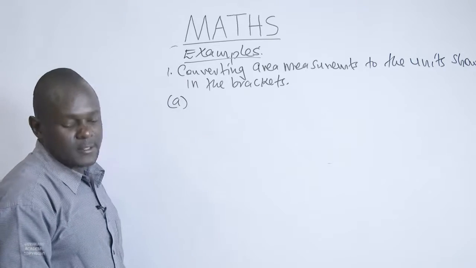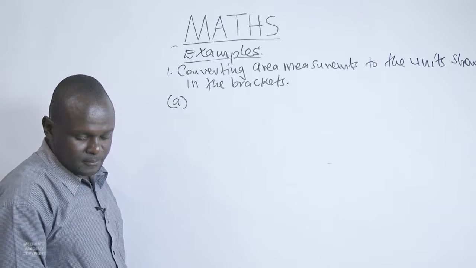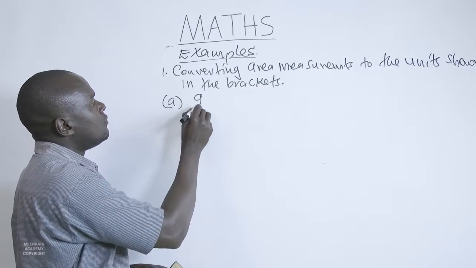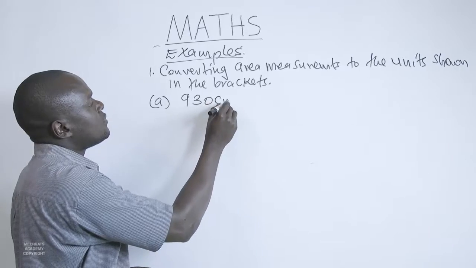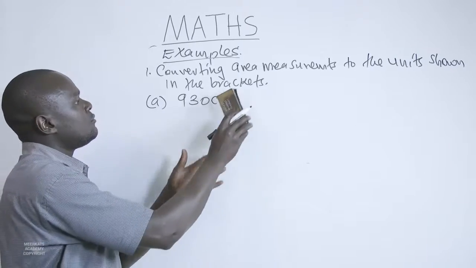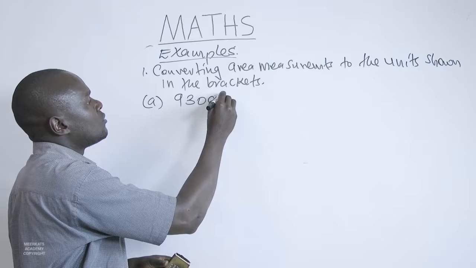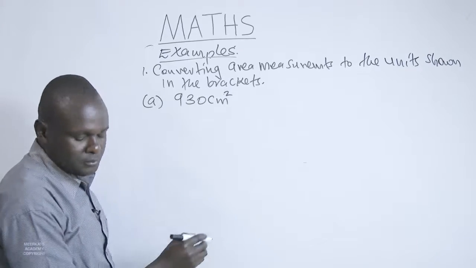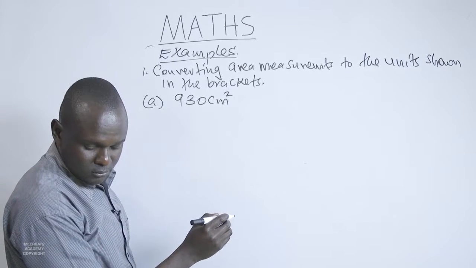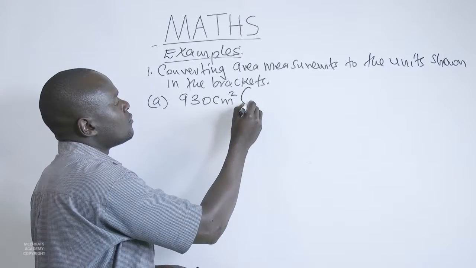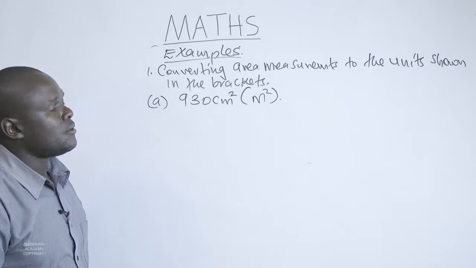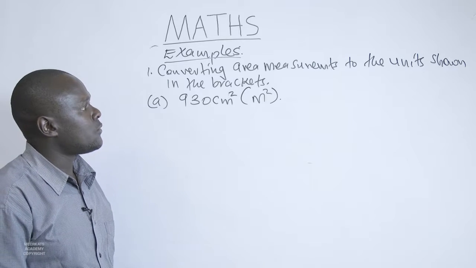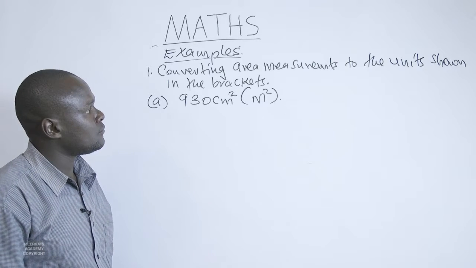Converting area measurements to the units shown in brackets. The first that we need to convert, 930 square centimeters should be converted to square meters.